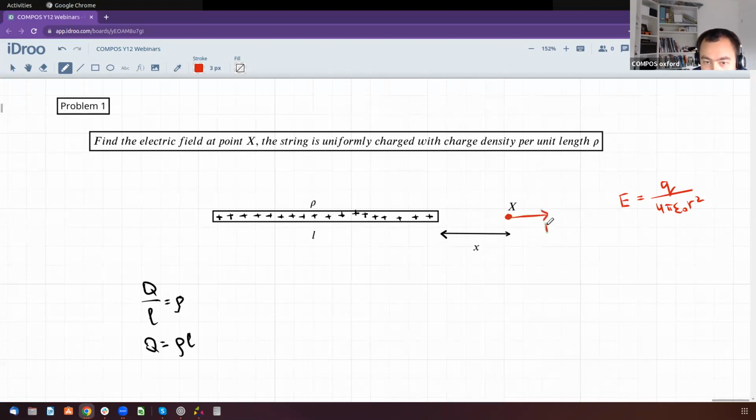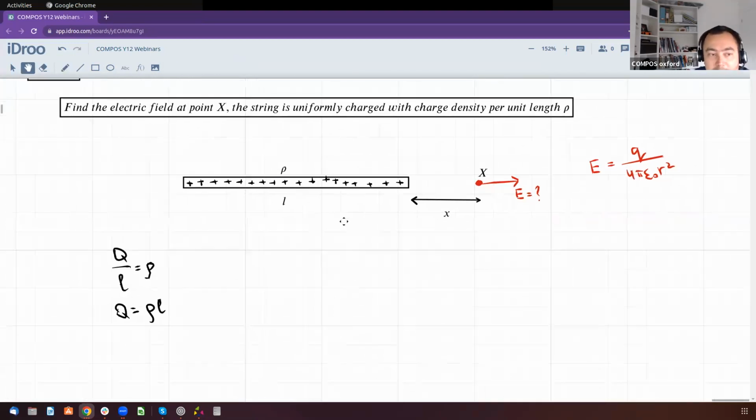Here, E is question mark. But you don't have a single charge. You have a charge uniformly distributed along the wire. So you need to find the field from this charge, this charge, this charge. Well, you can say that they're separate charges. So that's quite tedious, doing every single charge.